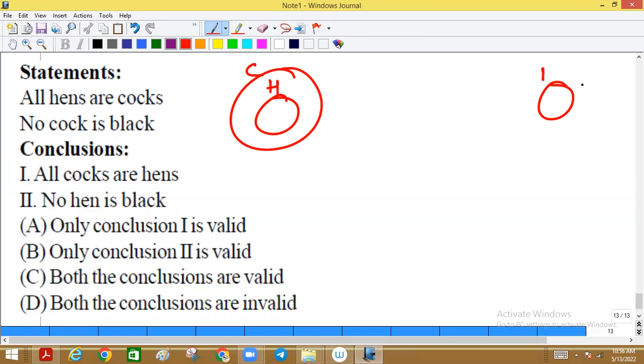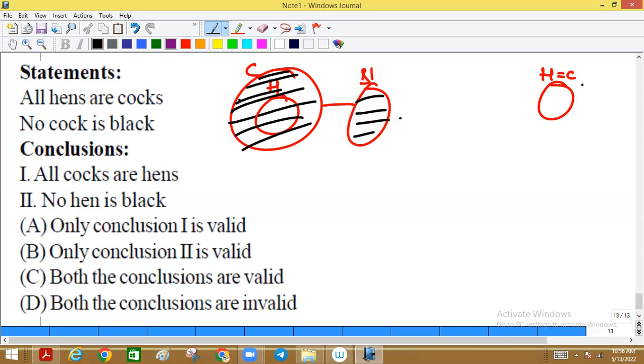When saying that all hens are cocks, why am I not writing like this? What is the reason? I will explain why we are not writing like this. No cock is black. This means whatever is there in the cock, the entire thing is not black. And this one has no relation.